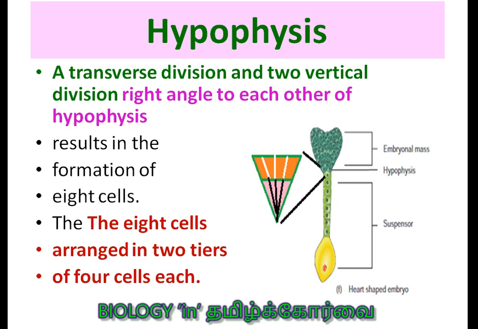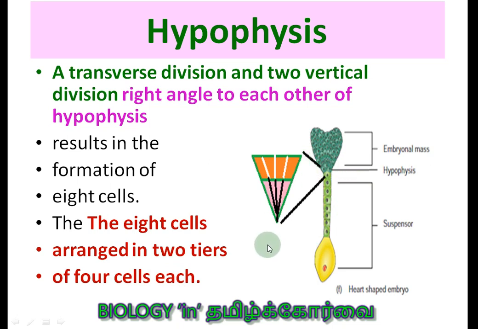One cell becomes two in the first division, two cells become four in the second division, four cells become eight in the third division. So all these eight cells are arranged in two tiers, four in each. That's what is given here: the 8 cells are arranged in two tiers of 4 cells each. So that is the hypophyseal region.